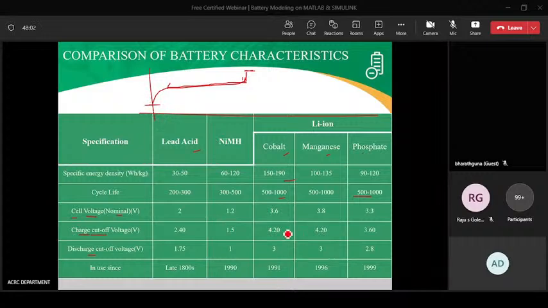From the table we can see that for a lead acid battery the nominal voltage is 2 volt, for nickel metal it is 1.2, and for lithium ion batteries it is 2.6 to 3.8. So we can see how changing the chemistry gives different voltage levels.